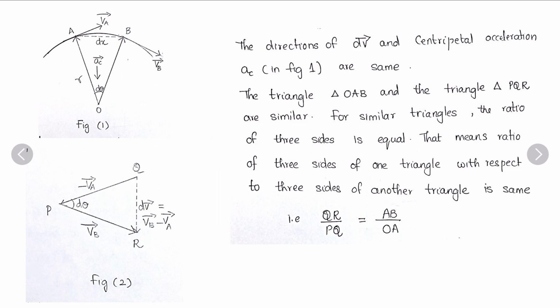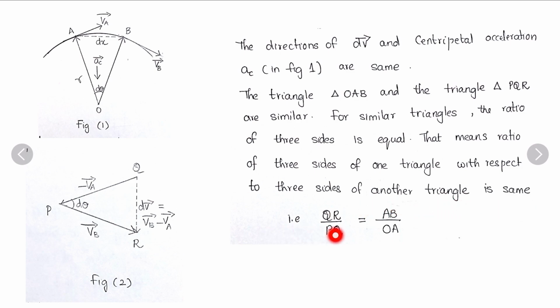So these two triangles are similar. Therefore, in similar triangles, the ratio of the three sides is equal. That means the ratio of the three sides of one triangle with respect to the three sides of another triangle is the same. This is all mathematics.